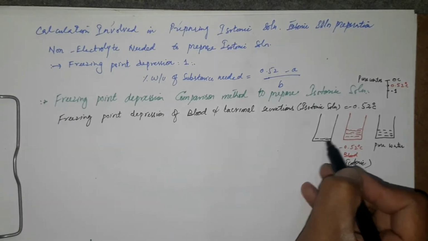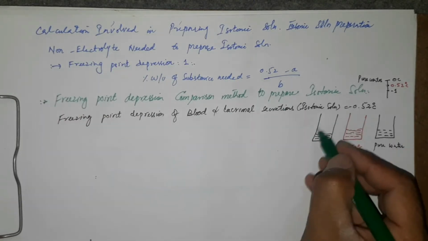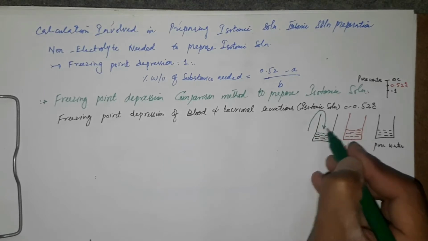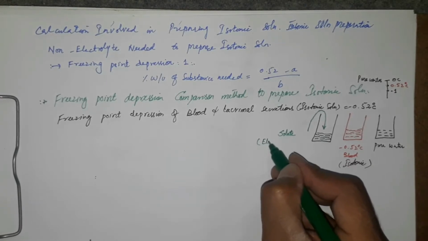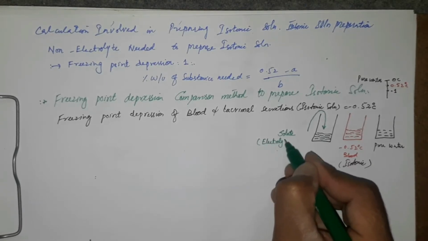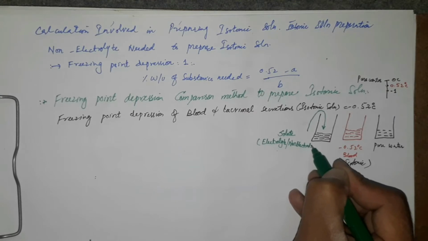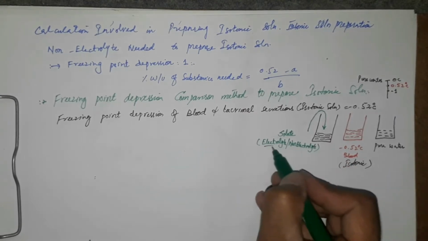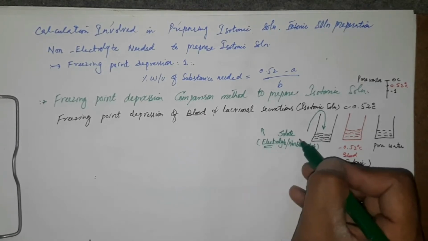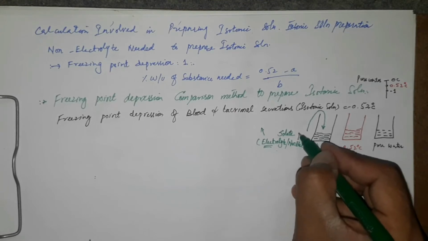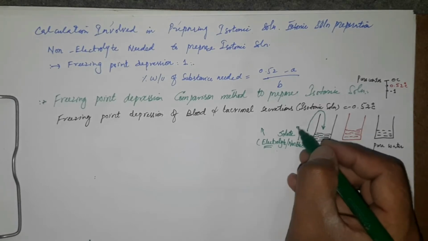So this is for example pure water. By adding some solute to this pure water, which may be electrolyte or non-electrolyte, electrolyte, as we know, passes current and dissociates into positive and negative ions. Non-electrolyte doesn't pass current and doesn't dissociate, or has negligible dissociation.